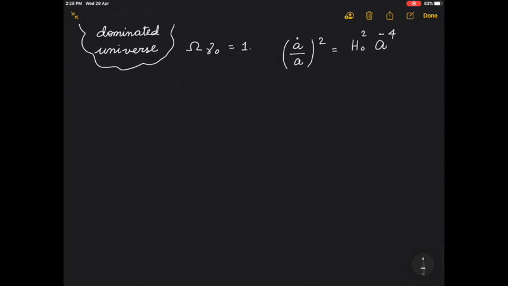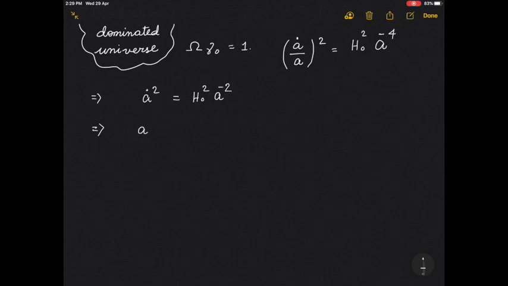Okay, so let us work it out now. To work out, we will just do a few steps. So a dot squared becomes H naught squared a to the minus 2. Once I bring that a to the minus 2 from there to there, it becomes a to the plus 2. And then I can do one more step.